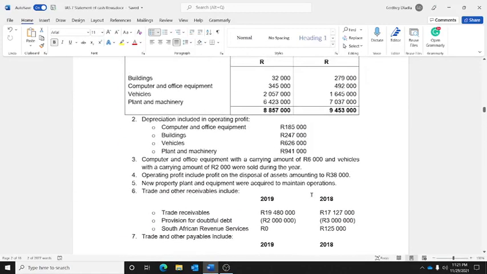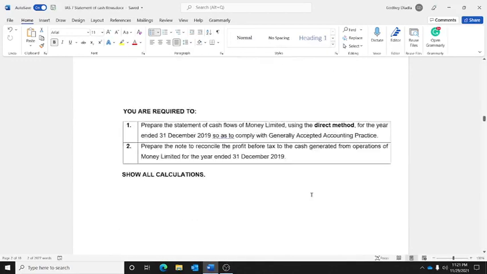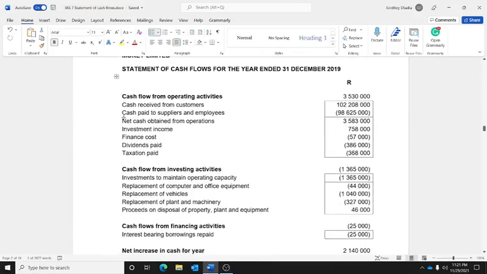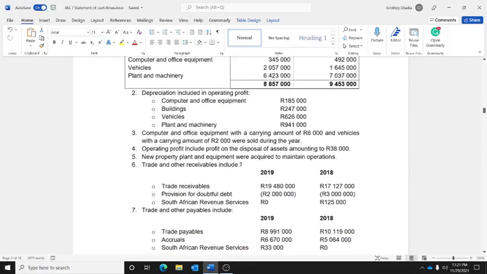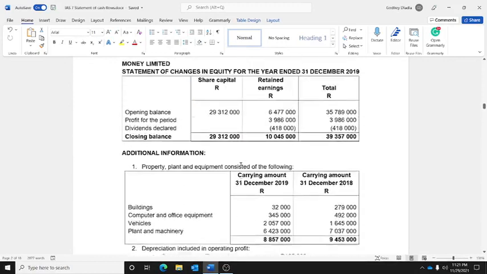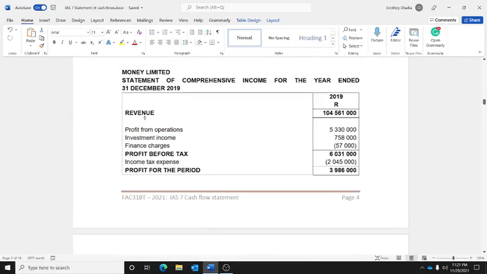All right. Now, the first thing that I want us to do is to calculate this. That is our number one. We must calculate this. Okay. Now, what do we look for? One, we look for the turnover or the revenue, which is this one.